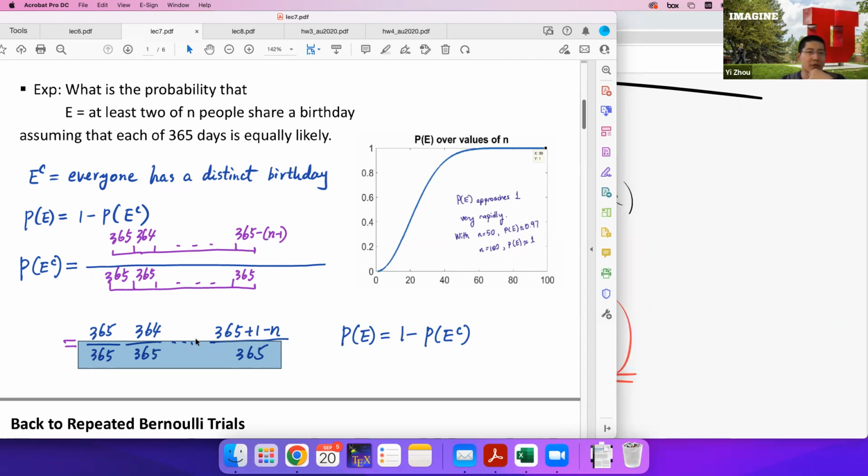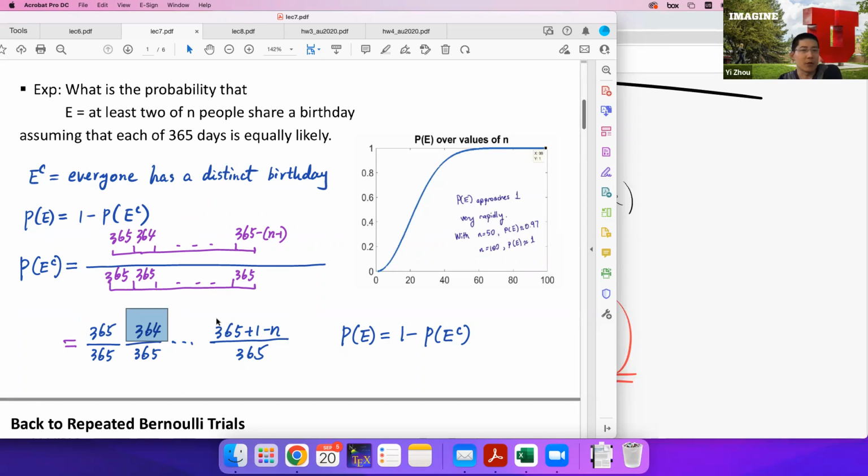And in the numerator, we need to look at the scenarios where everybody has a distinct birthday. Well, you start from the first person, he or she may have 365 different birthday choices. And once you go to the second person, because they have to be distinct, he or she only has 364 now.